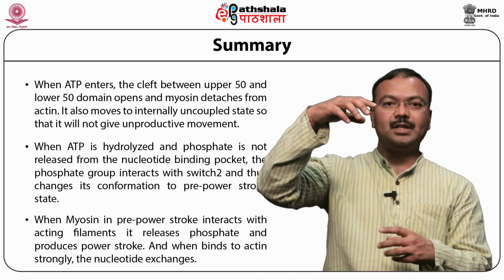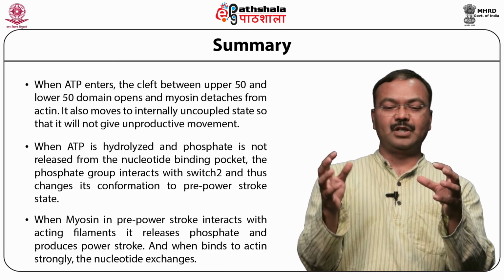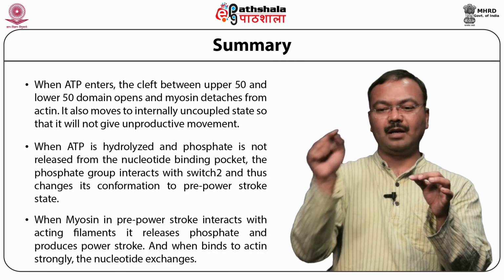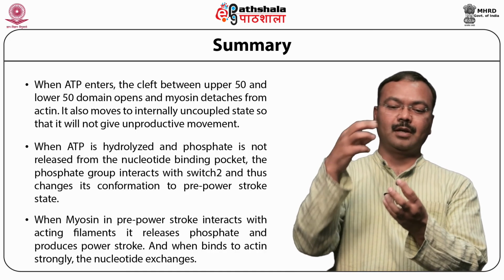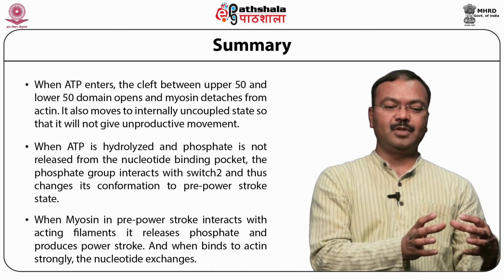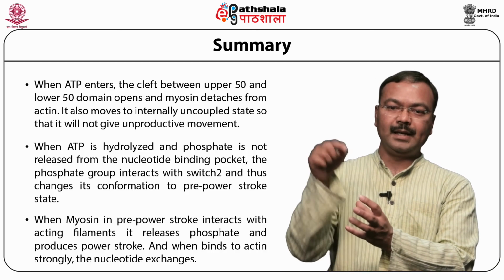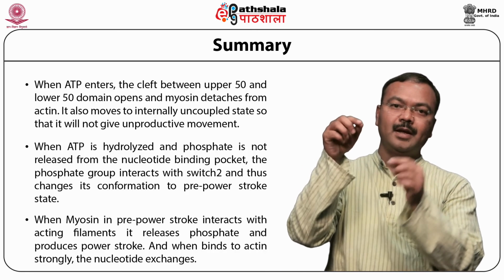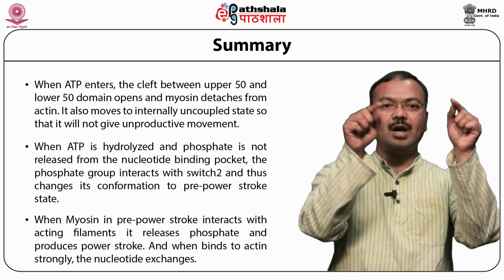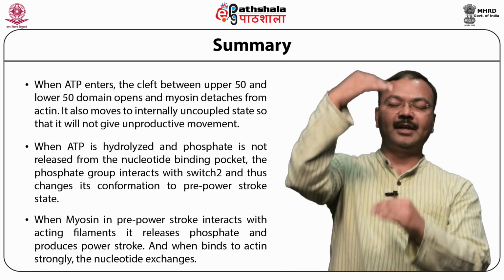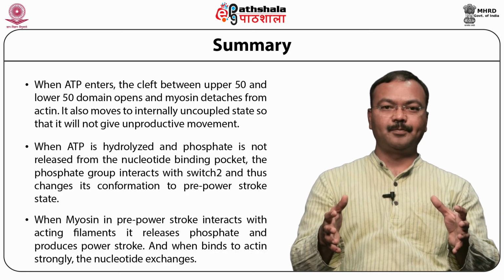In domain 2 there is a large loop which changes its conformation from a loop kind of state to a helix kind of state when it interchanges from the globular state to the filamentous state. This helix actually enters into the groove between 1 and 3 of another actin just above that, and that's how the F actin is formed.